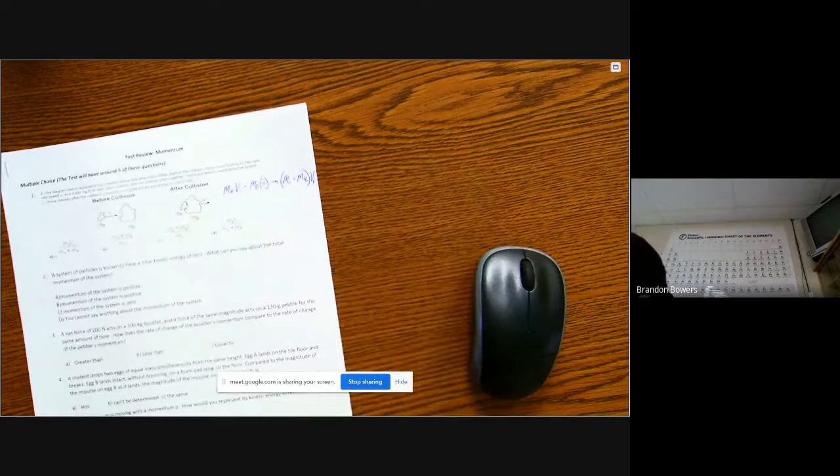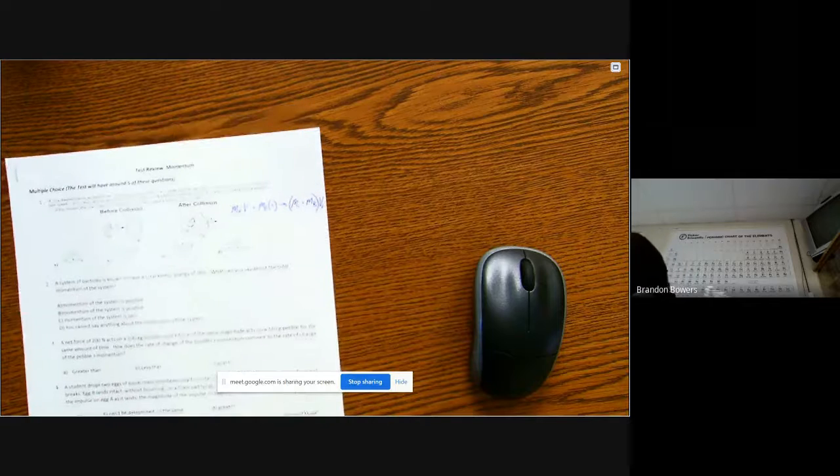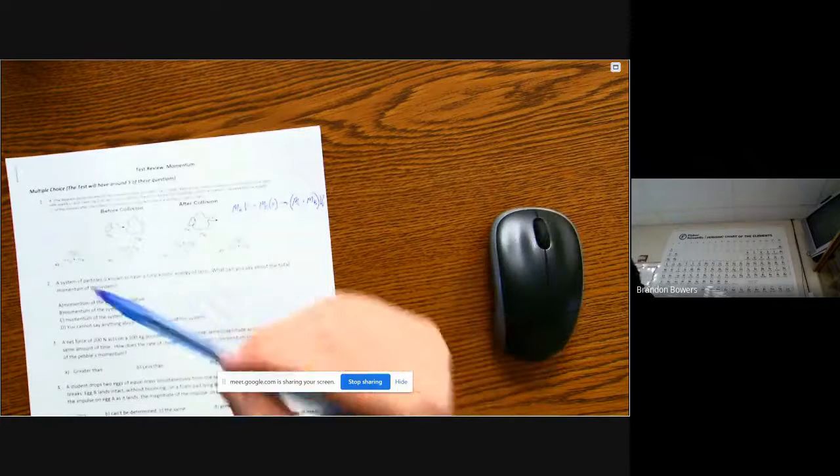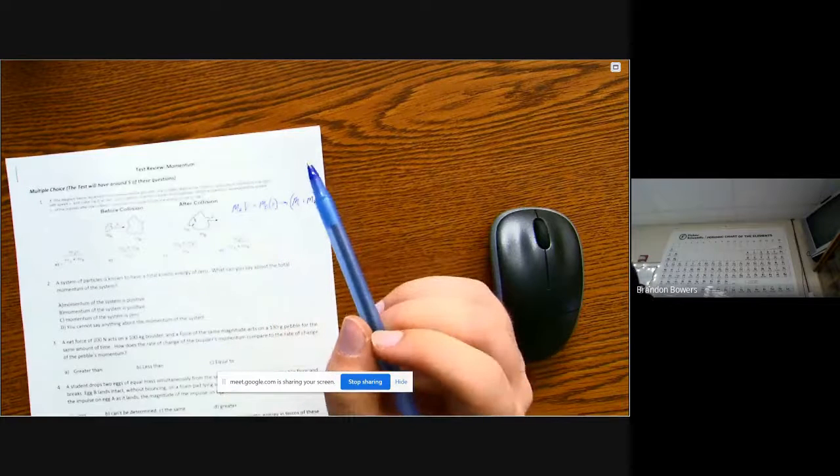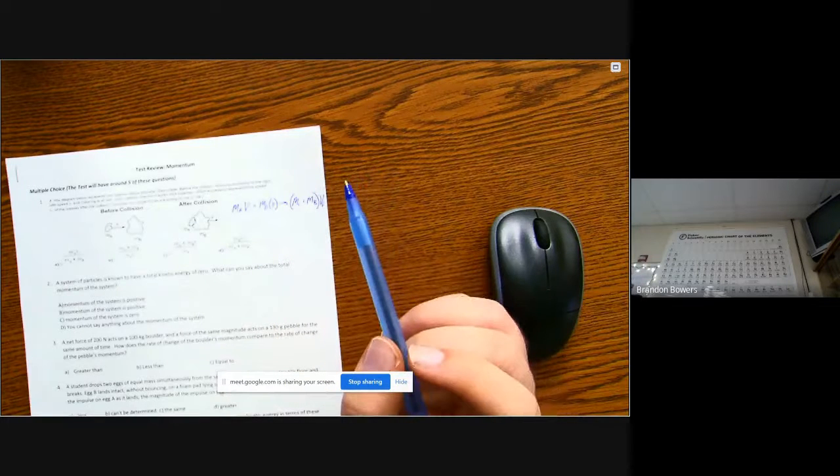So out of these options, let's see. Wow, my printer did not print that very well.